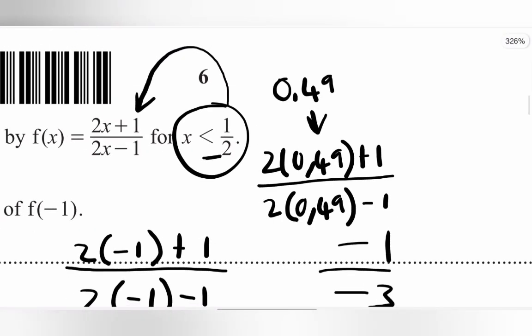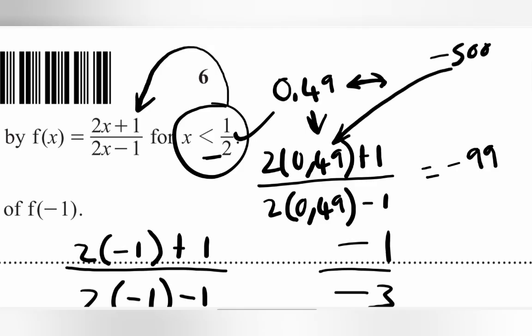We are getting minus 99. Now we're going to take another value which is far from this one, but within this, x being less than half. So let's take a negative. You can take minus 500, for example.